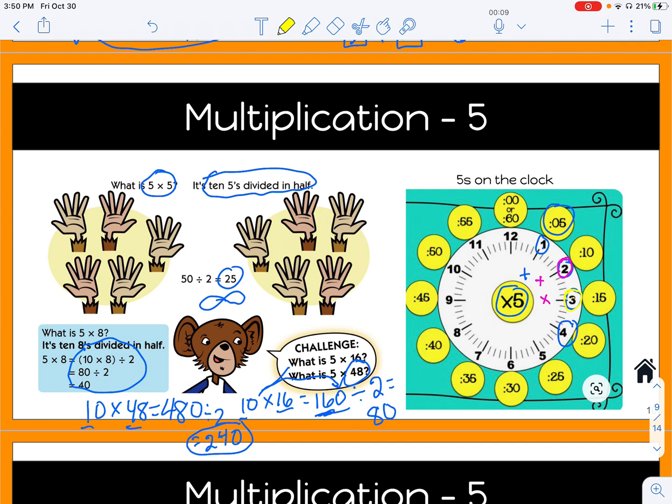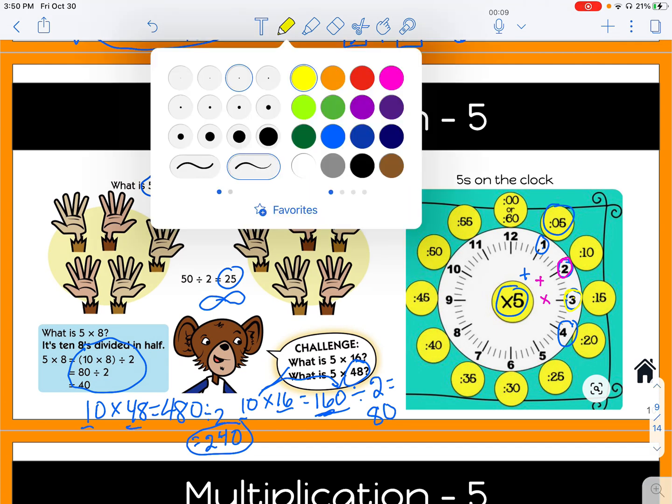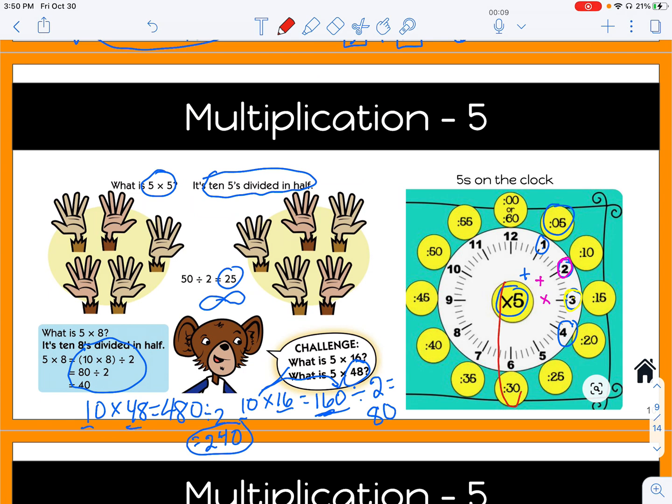So a clock could be pretty handy. They all are actually multiplication problems. If you haven't noticed that before, it might change the way you look at the clock.